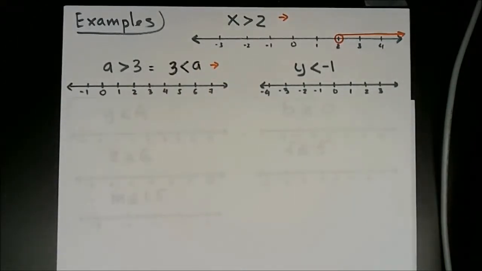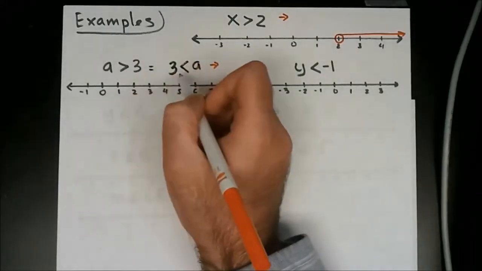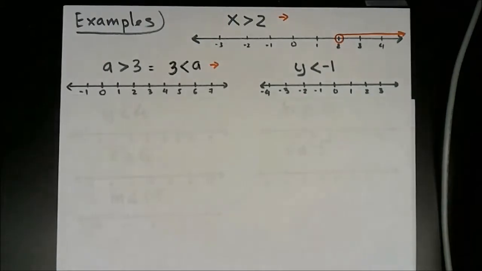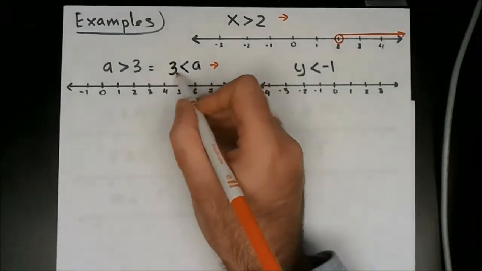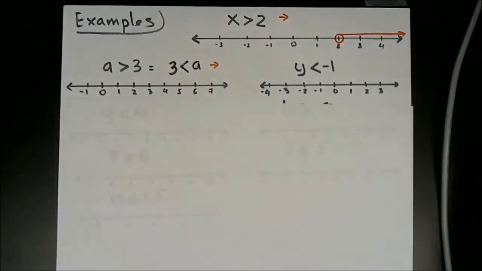What is our starting point? Hopefully someone said 3. Is 3 included in this inequality? No, because I don't have that equal sign at the bottom. This is a is greater than 3. This is not a is greater than or equal to 3.